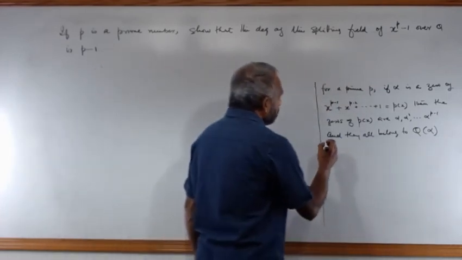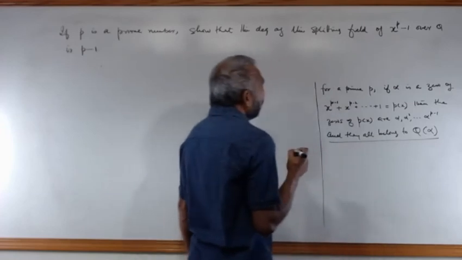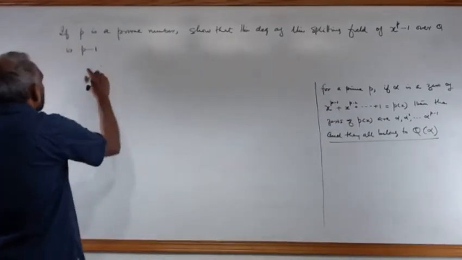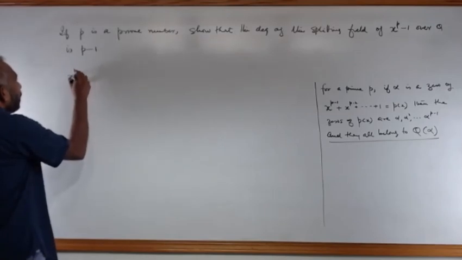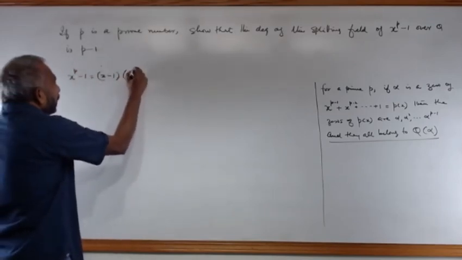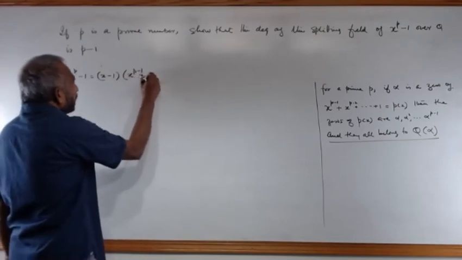So we are going to use this to solve this problem. x to the power of p minus 1 is equal to x minus 1 times x to the power of p minus 1 plus through plus 1.